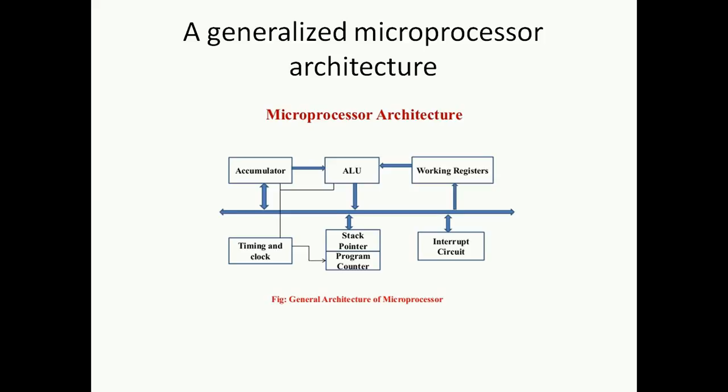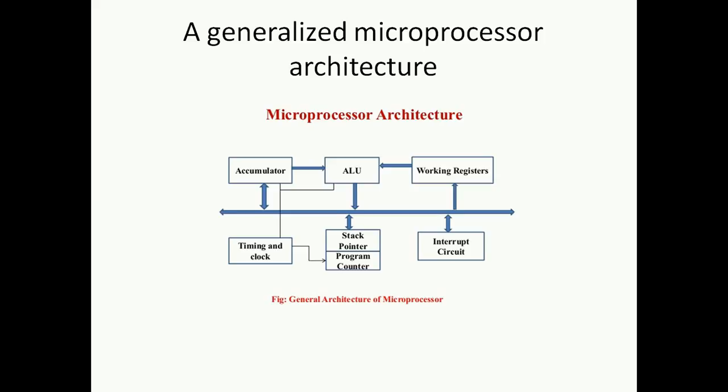And then finally we have the timing and clock circuitry. This is what determines the speed of your microprocessor. How fast is the clock? The faster the clock, or you can say the oscillator, the faster your microprocessor will be. And the size of the general purpose registers determines the size of the microprocessor.